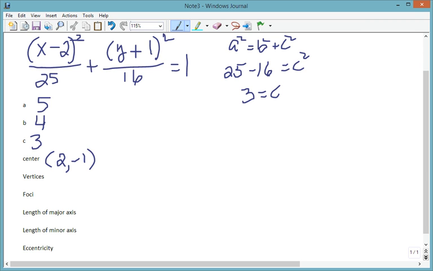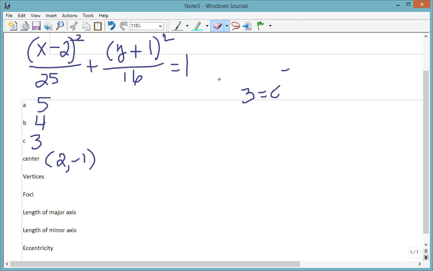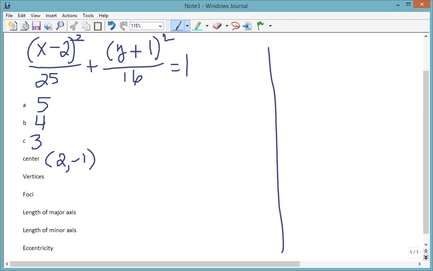Okay, so let's look at what happens when we shift it. I'm going to shift it to my new center at 2, -1, and everything is going to go around that.